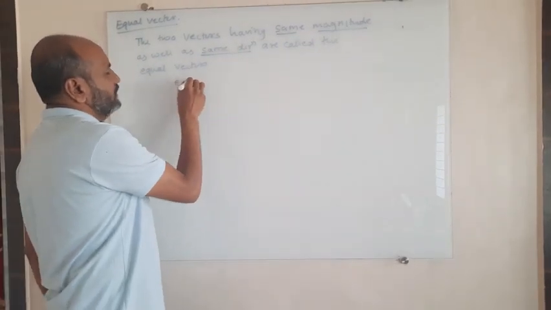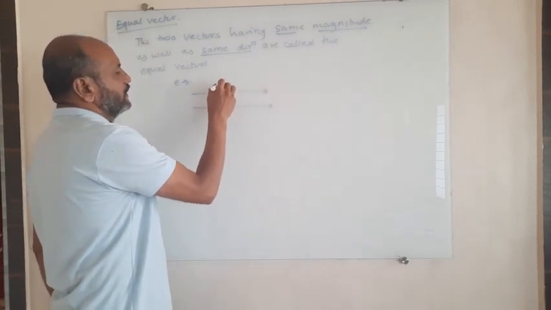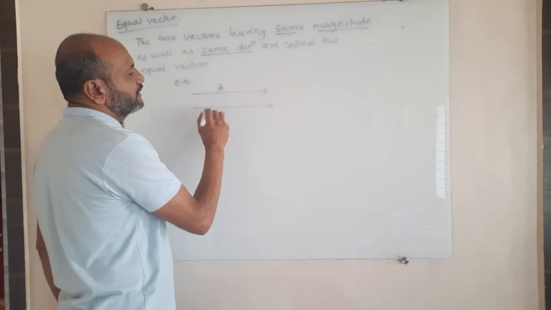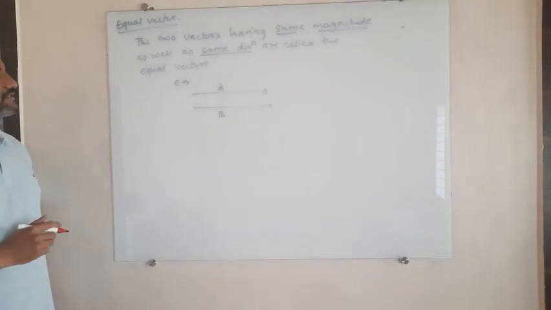For example, A bar and B bar: same magnitude, same direction, therefore they are called equal vectors.